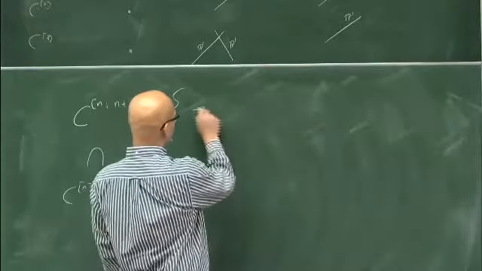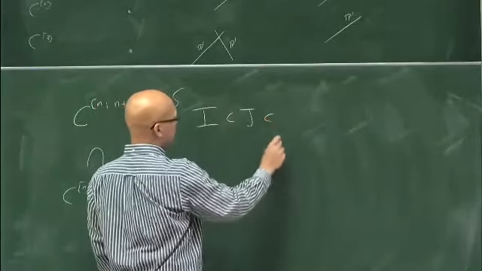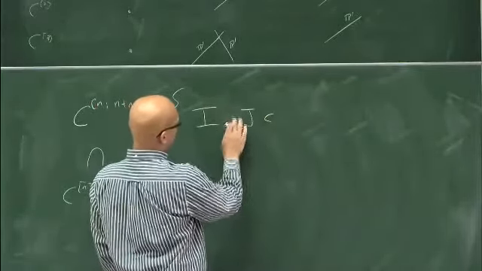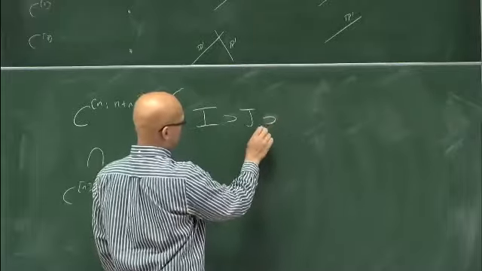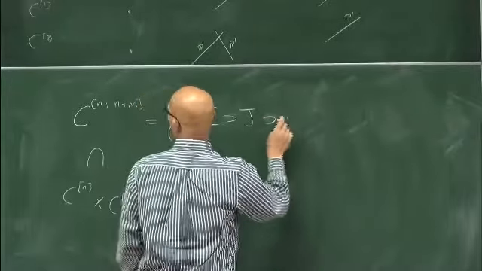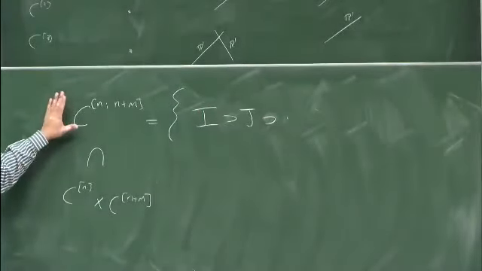And it's where I have one ideal sitting in another ideal sitting inside. So now I take C to be just the germ of a curve.